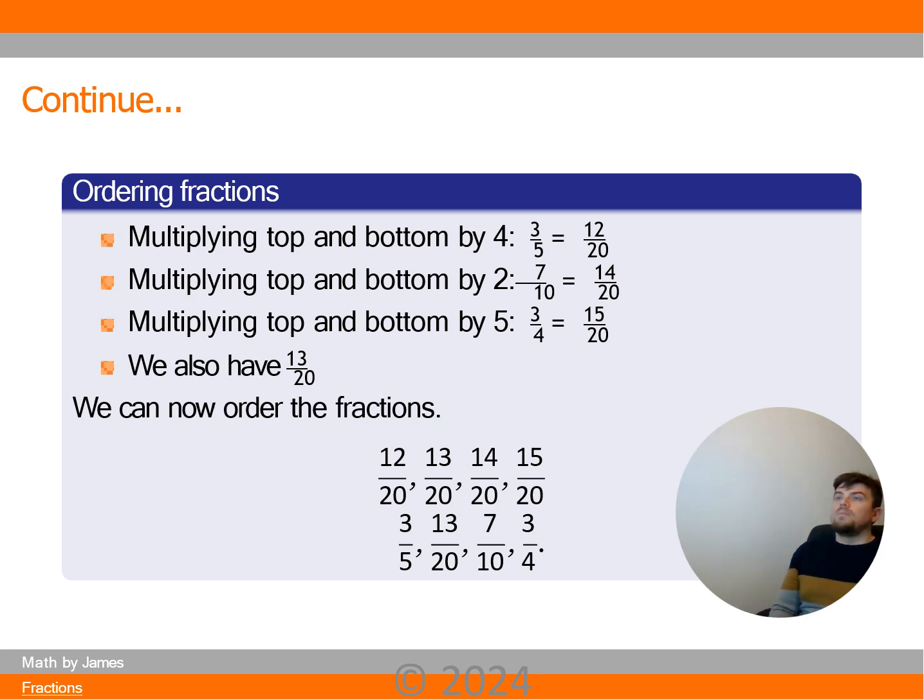So we do this by multiplying the top and bottom by 4 for the first one, by 2 for the second one, by 5, and we also have 13 out of 20. So this means we can see that we've got 12, 13, 14, 15 here.